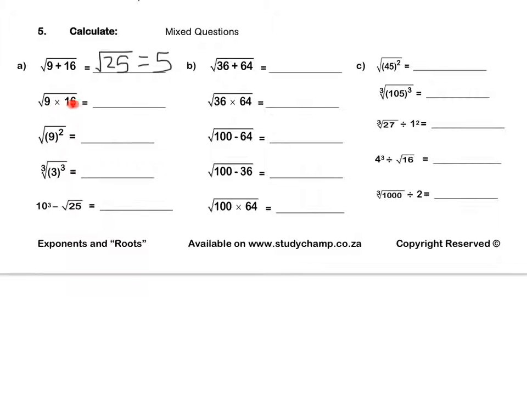We can view this as one term. So we simply find the square root of both parts, which is 3 times 4, which is 12. Use what you have learned to answer the whole of question 5 by yourself. When you are done, use the memo to mark your answers.